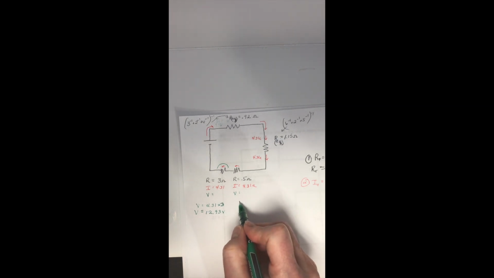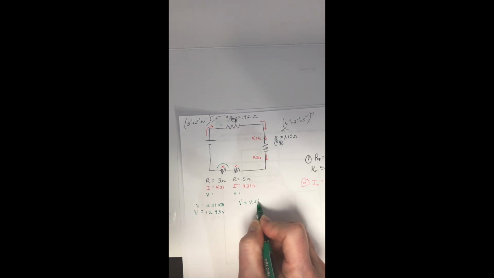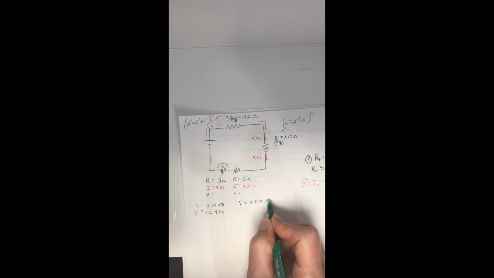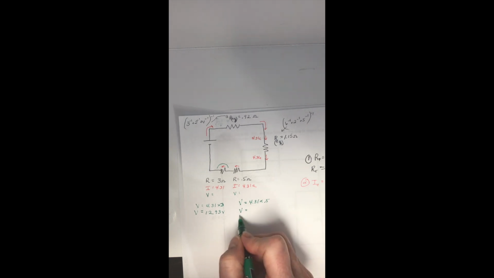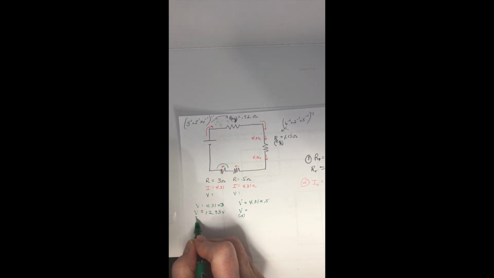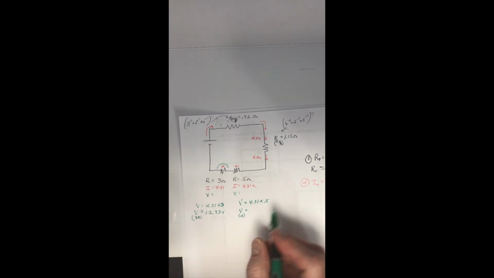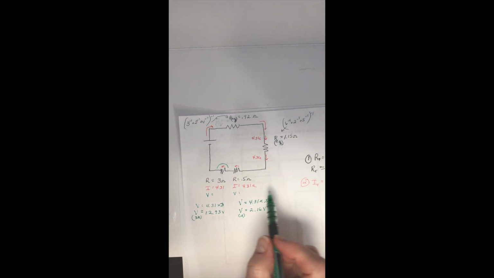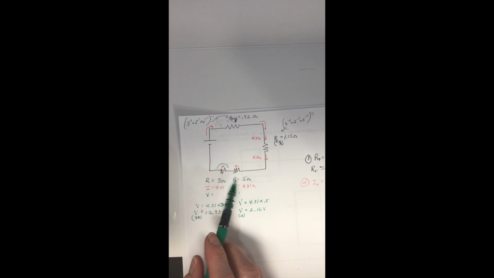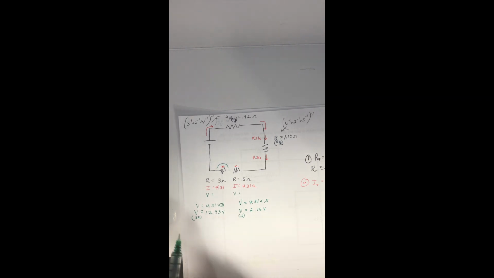Same thing here. Voltage equals I times R, and the voltage drop across this guy, the 0.5 ohm, I should have labeled this one, is 2.16 volts. Done. I've got their I's, I've got their R's, and their V's.